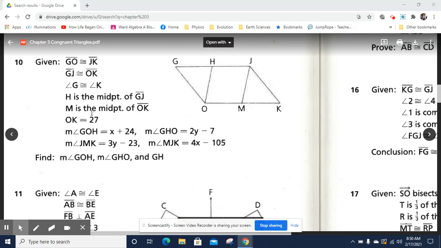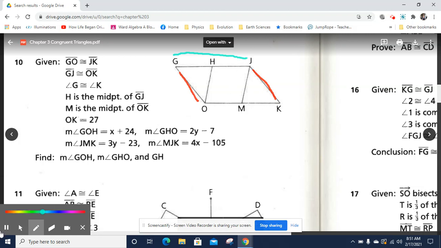So it will work. Let's start organizing the information we have. We know that this side is congruent to this side. Let's actually finish labeling things. We also know that GJ is congruent to OK.